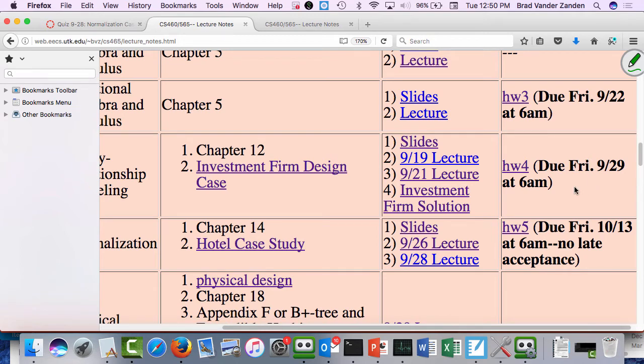Fall break is also intervening, so there's nothing due this Friday. But also note that there's no late acceptance on that one, and the reason is because of the exam. I need to be able to make the solutions to homework 5 available immediately so that people have an opportunity to study over the weekend.